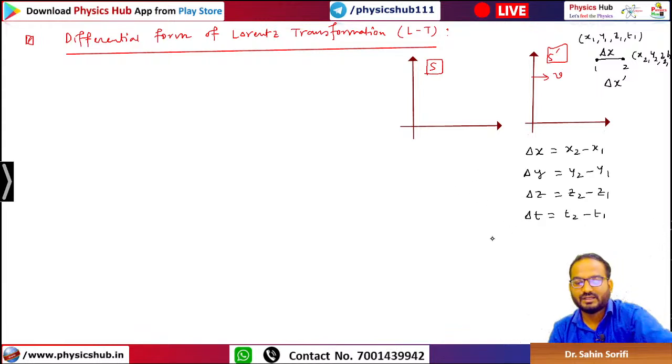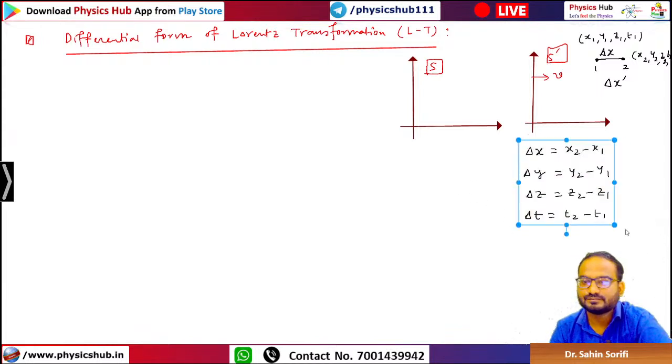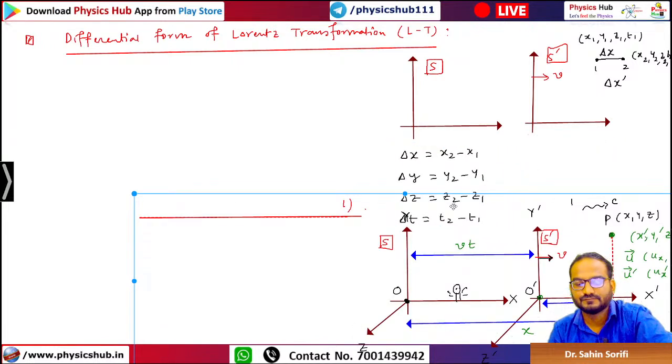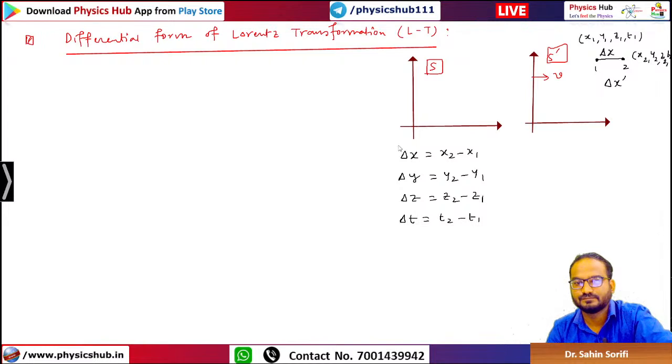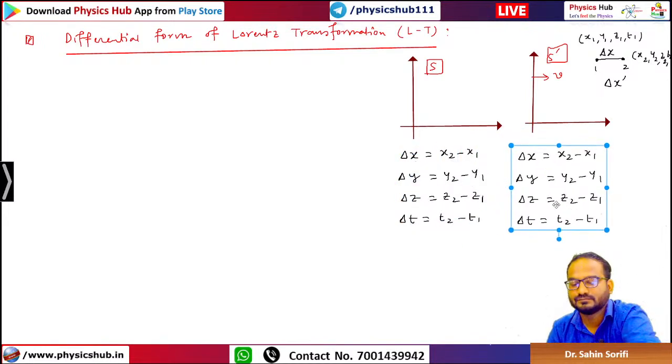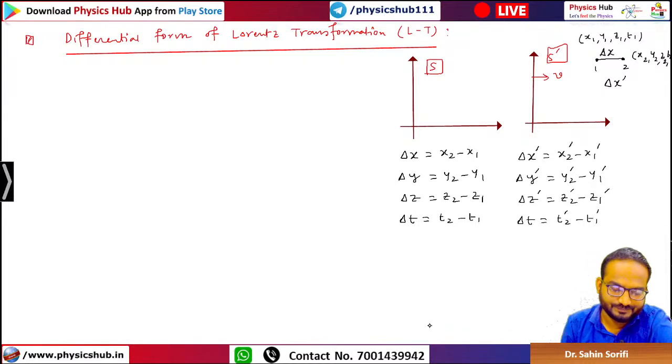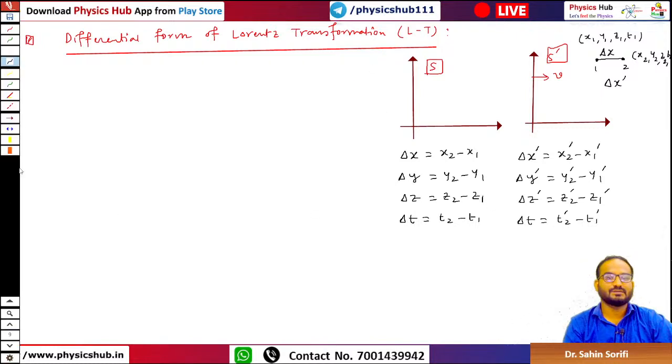Now the same thing we can write for the prime case. Delta x prime is x2 prime minus x1 prime, and similarly delta y prime, delta z prime. So here in the differential form Lorentz transformation, this relation is explored.